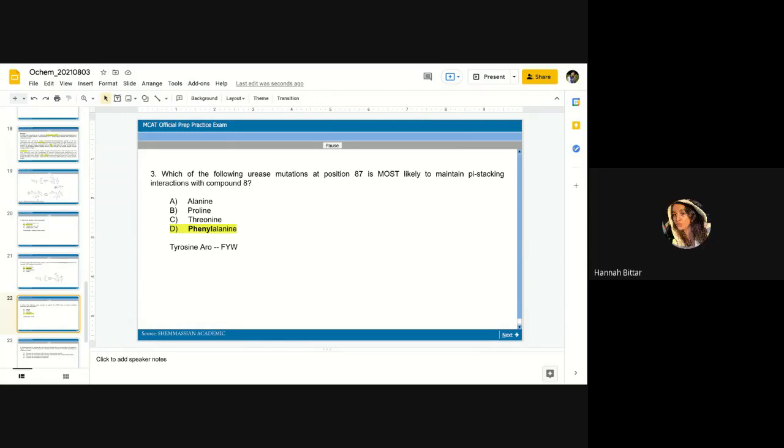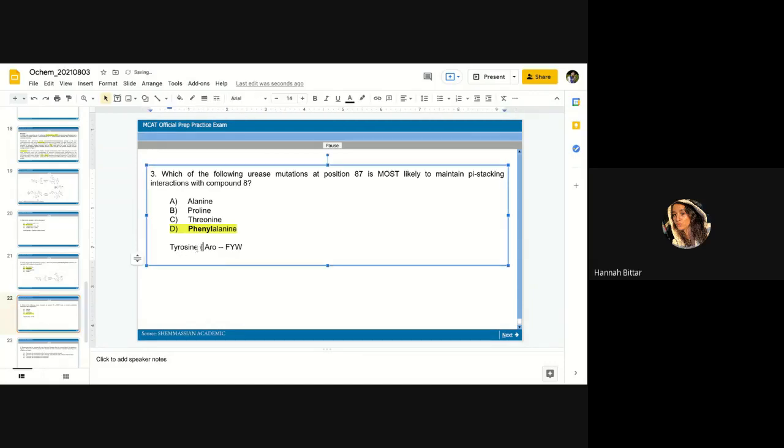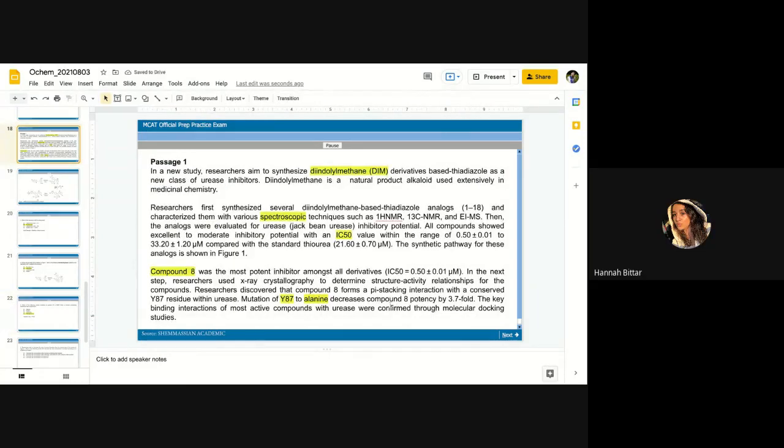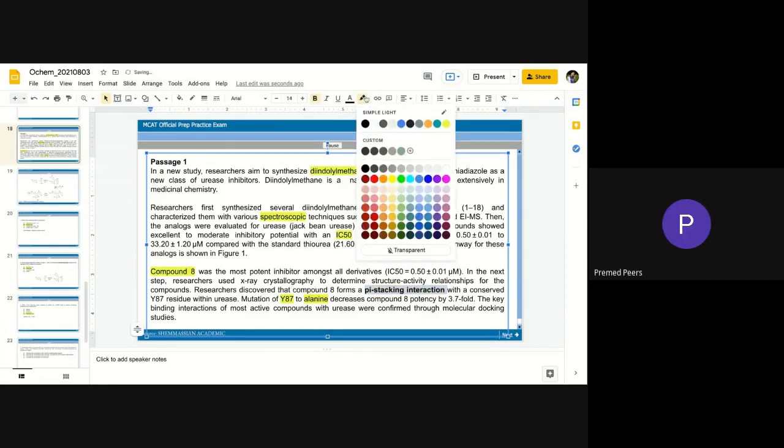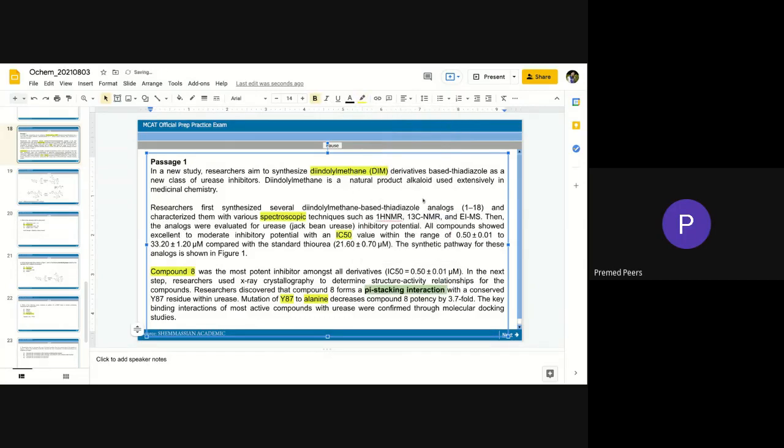Wait, I have a question. So tyrosine is polar, and the reason why I picked C is because threonine is also polar. But can you explain why it would be phenylalanine and not threonine? Yeah, because here is a pi stacking interaction, and you can't do pi stacking with polar residues because there's no pi bond.